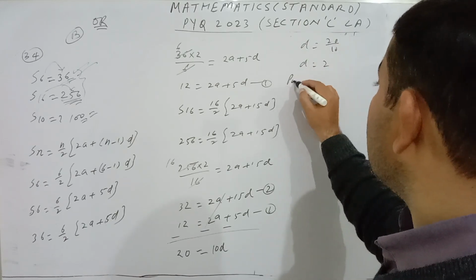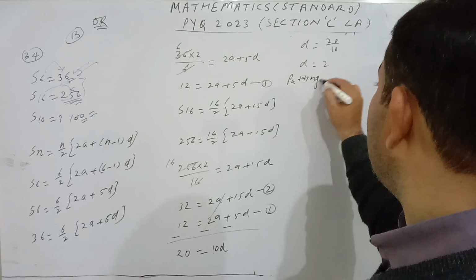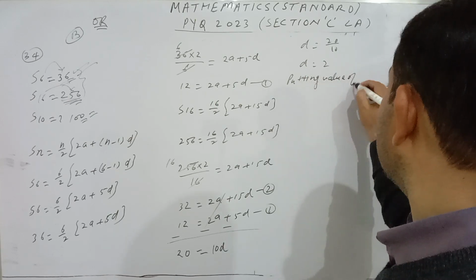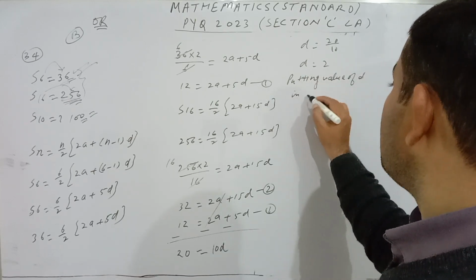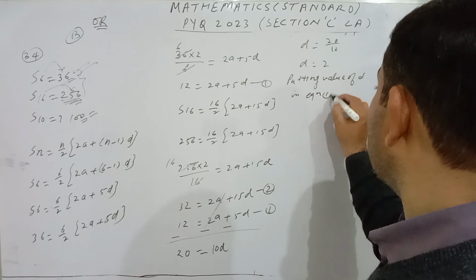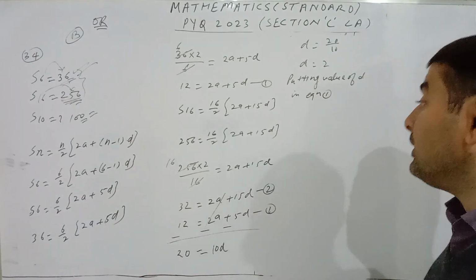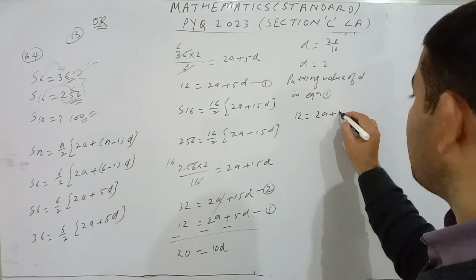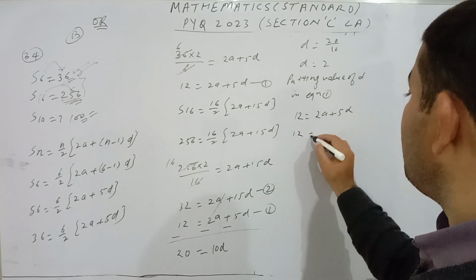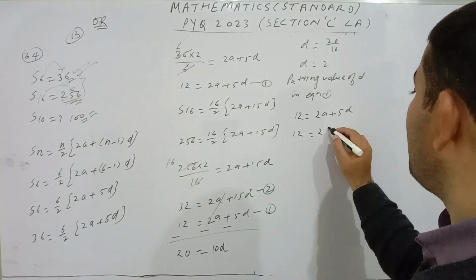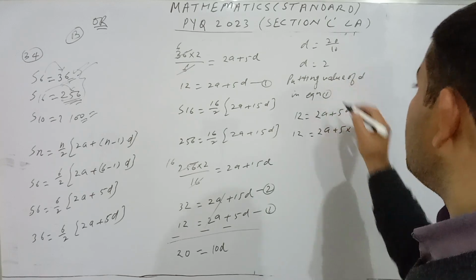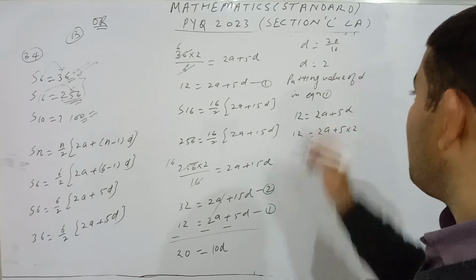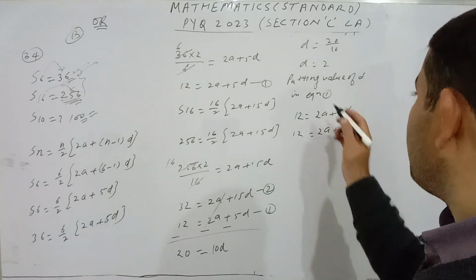Putting the value of d in equation number 1: 12 equals 2a plus 5 into d, and we have found d equals 2.